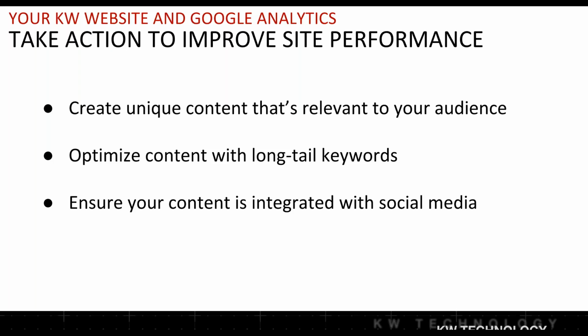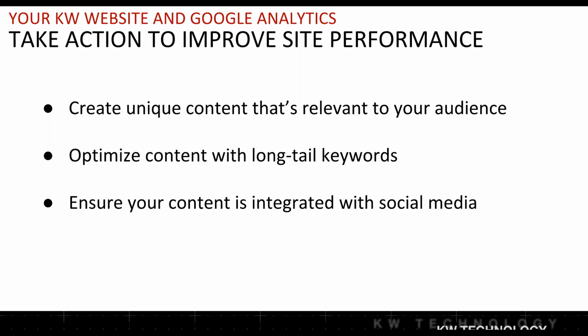Your second point is you want to make sure you're using long tail keywords. The difference between short tail and long tail keywords is that you want keywords that are very hyper local and super specific, so they aren't the same keywords that every other agent in your town is using. For example, we're here in Austin, Texas. If I sprinkled "Austin homes for sale" throughout my blog, I can guarantee thousands of other agents in Austin are using that same phrase.